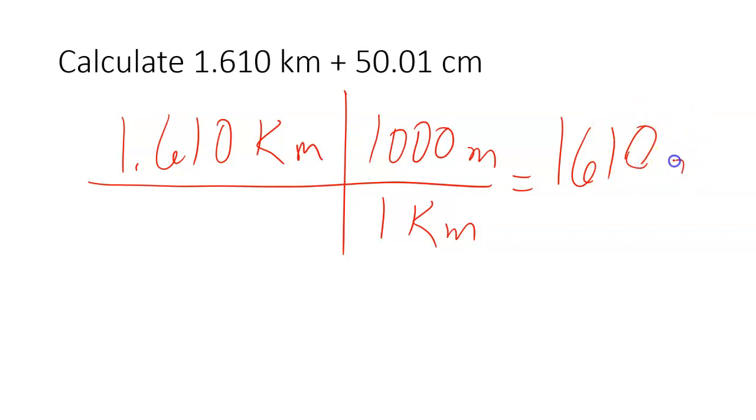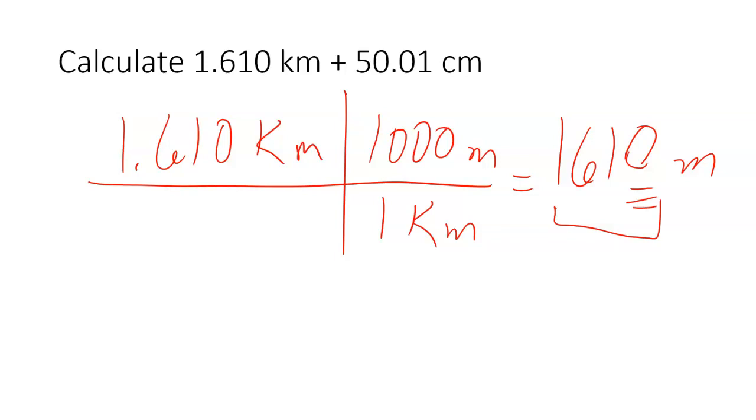And here is somewhere that you need to be aware of. That zero there creates a point that we don't know how many significant figures this new number has. Does it have 4 or only 3? Is this zero significant or not, right?